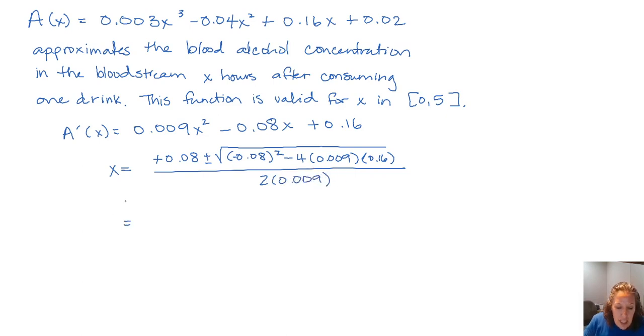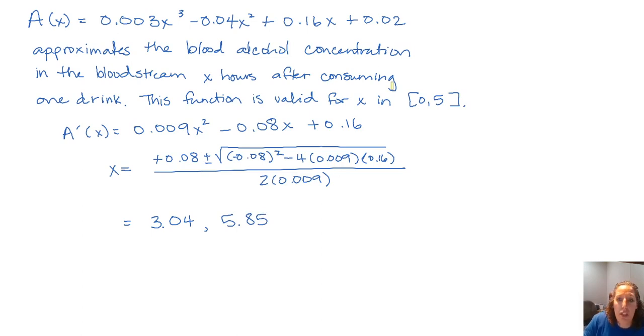And if you plug that in the calculator, you get two answers. The first one, I believe this one was the minus, you get approximately 3.04, and you get 5.85. And those are rounded.